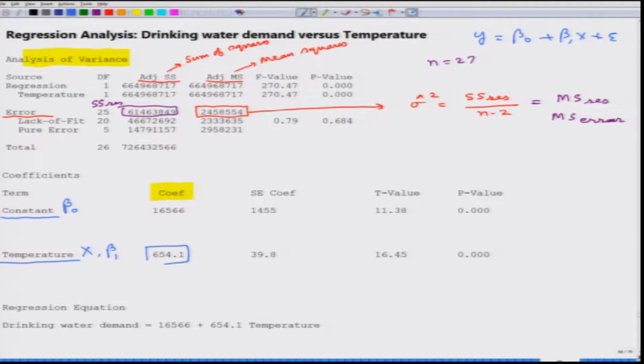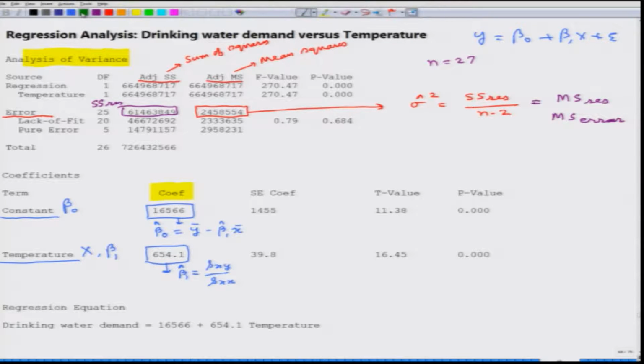This value is the value of beta 1 hat, which was Sxy over Sxx. And this is the value of beta 0 hat, which was obtained as y bar minus beta 1 hat x bar.